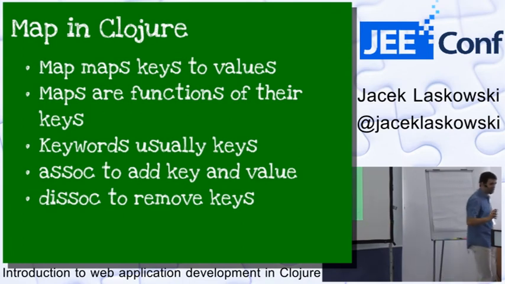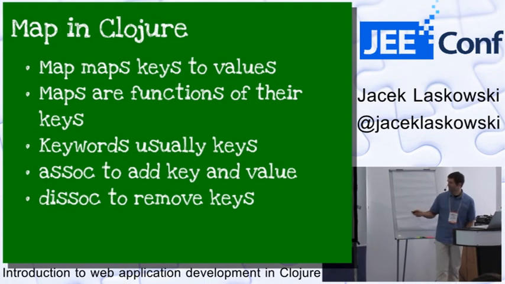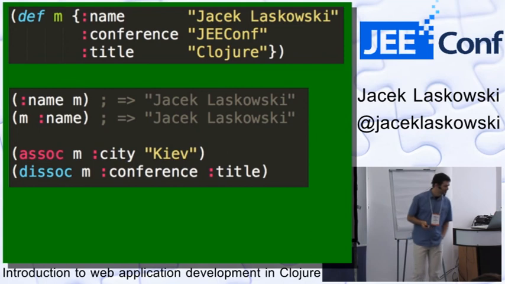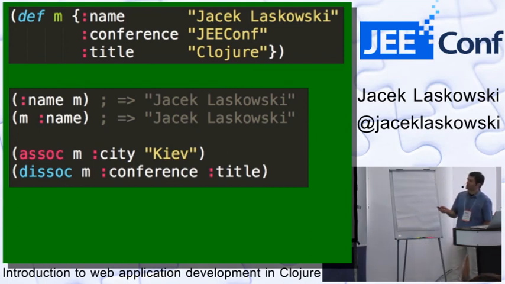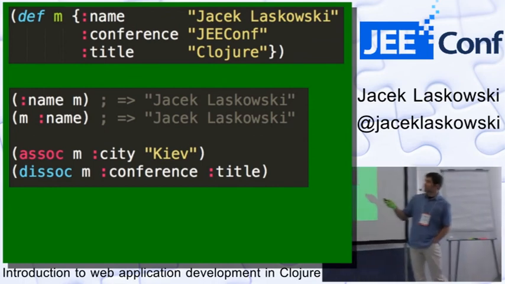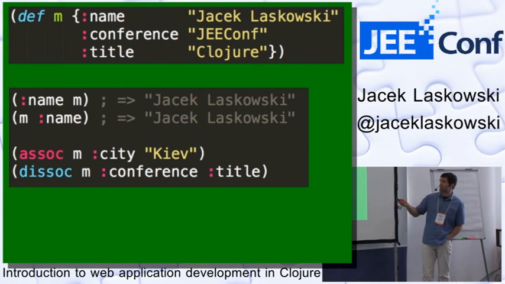Okay, that was simple. Good. What is this? So we've got this def. This is a map, and to access information out of this map, you use keywords or keys of this map. So name is a keyword.